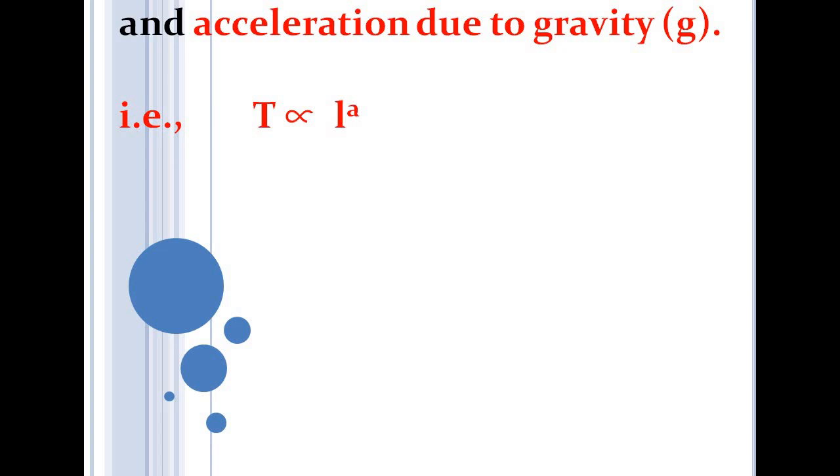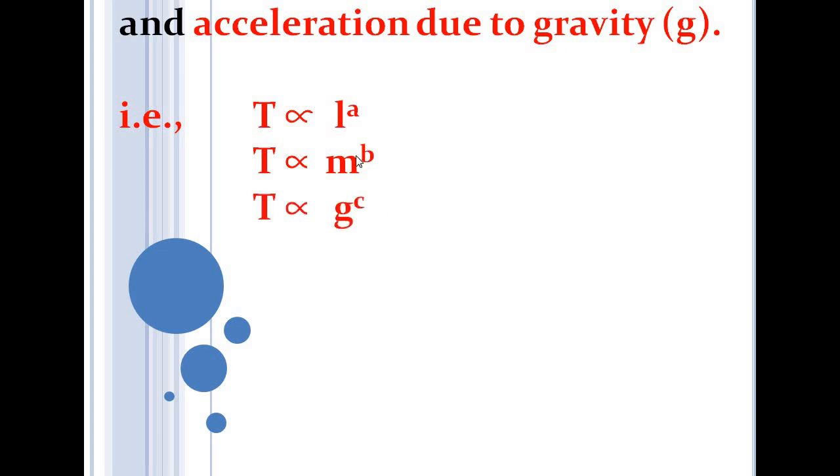So we may write that time period is directly proportional to the length of the pendulum, but we are not sure about the factor, on what power it depends. So T is proportional to L power A, where A is a number, simply a dimensionless constant. We assume it may depend on the mass as well, so it is proportional to m power B, where B is an unknown number.